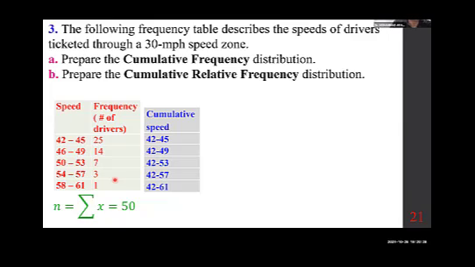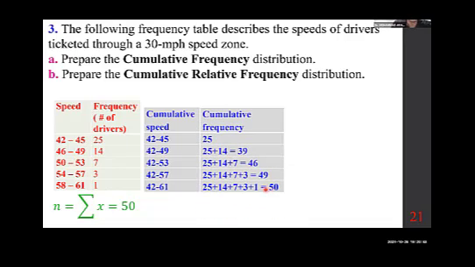The frequencies add up. So this is 25, doesn't change, but this one, we do add them up. So we get 39. And then we add 7, and then we add 3, and then we add 1. And the last one must always be n, or 50. Notice the last one must always be n if done properly.